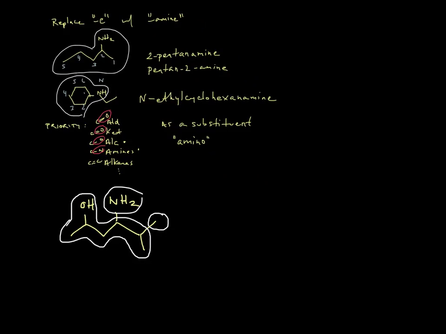When you number, you always number with the highest priority group at the lowest position. So I would number from the left to make the alcohol at the lowest place. So the main chain of this would be a hexanol, a 2-hexanol.